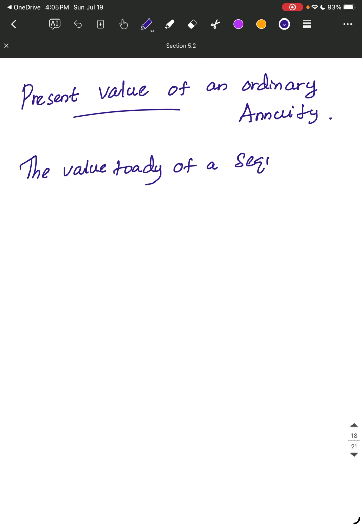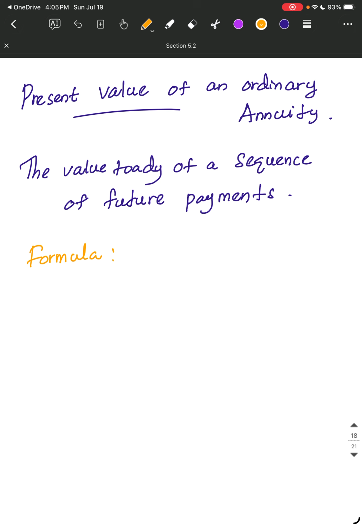So the formula: present value equals the regular payment amount R times (1 minus (1 plus i) to the power negative n) over i.